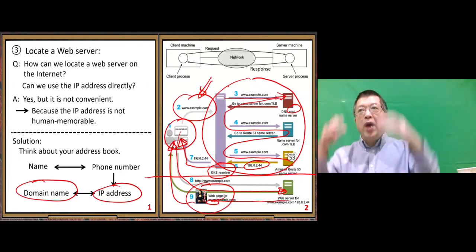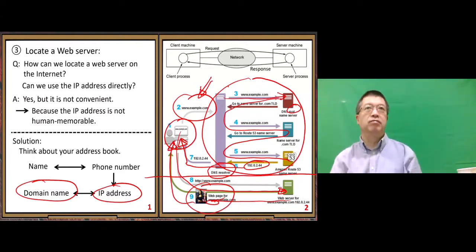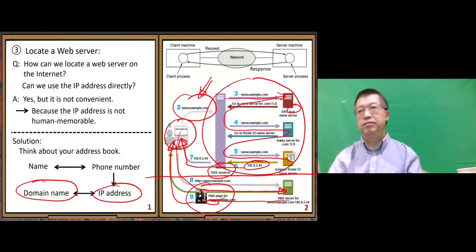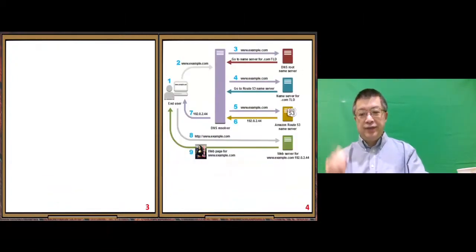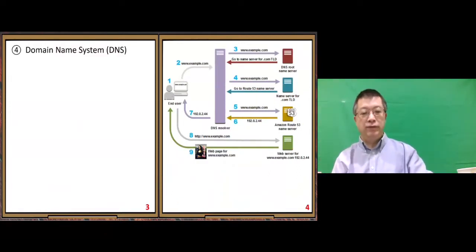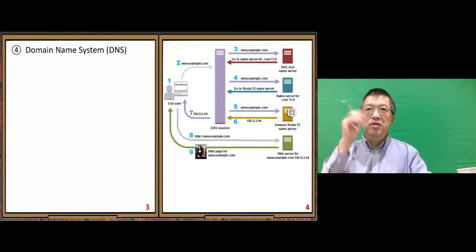Your browser renders the whole page. Now one request completes. That's the procedure. Next, let's look at the DNS part a little more: the domain name system.